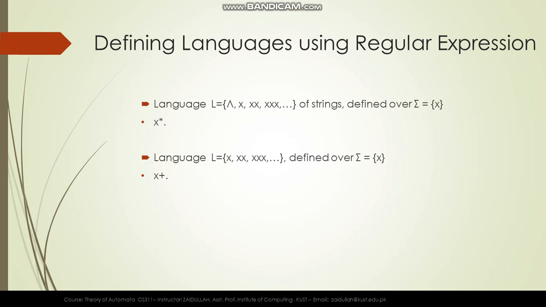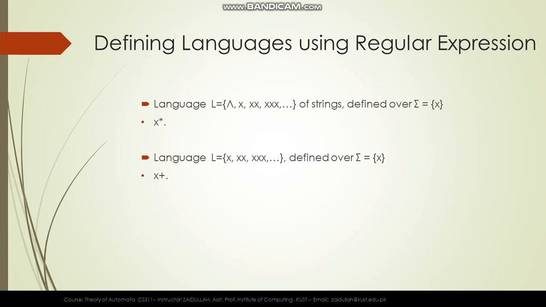The third method is defining language using regular expression. Regular expression is basically the formula for making the words of a language. Let we have a language of x, xx, xxx, strings of x defined over x. So using regular expression, in short, it can be represented x star, which means that x is repeated 0 or more times.